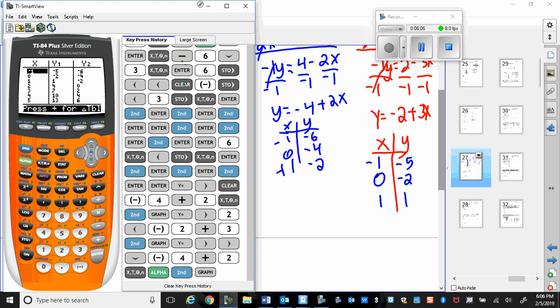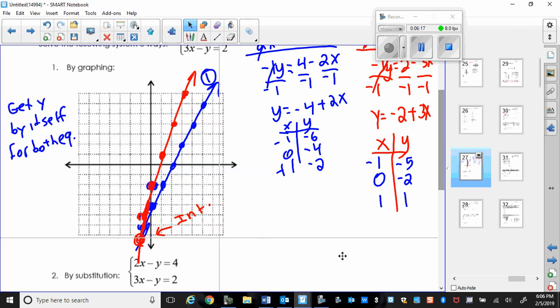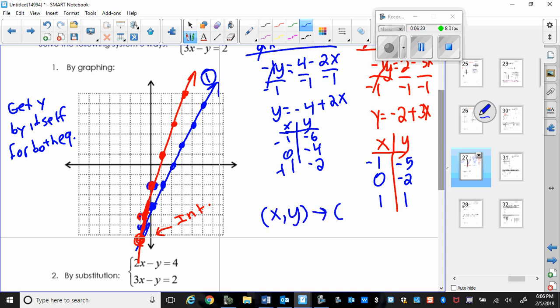And it looks like it's negative. So I'm going to keep going up. And if I look, my y values are the same at -8. When x is -2, both of my y values are -8. So my solution is x comma y maps onto -2, -8, right?